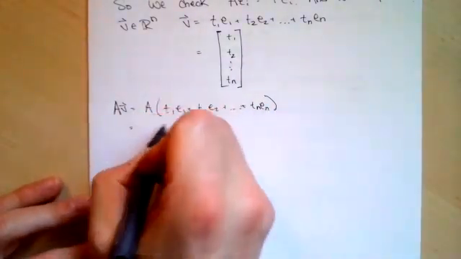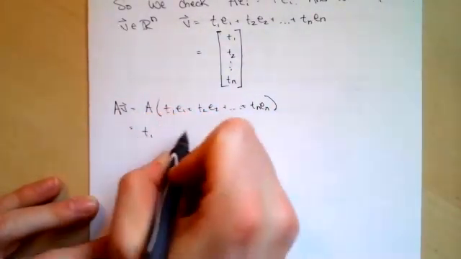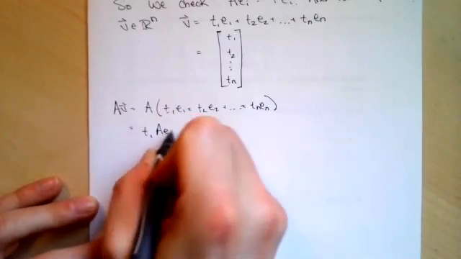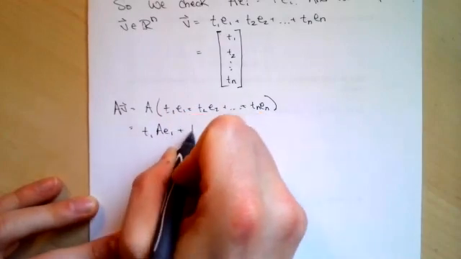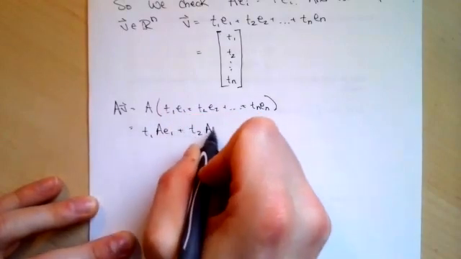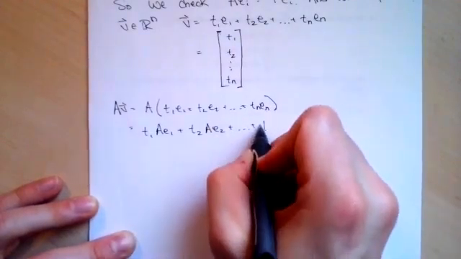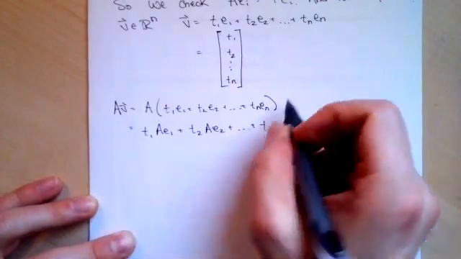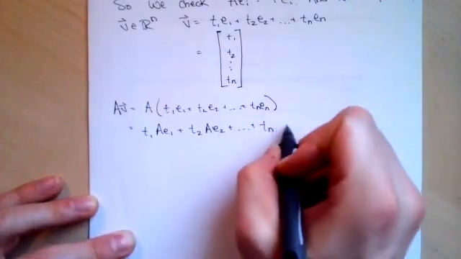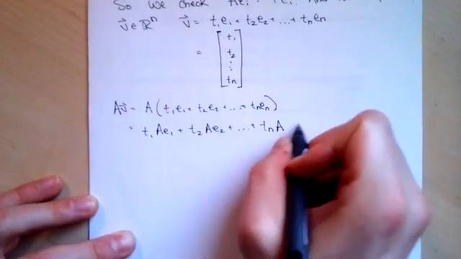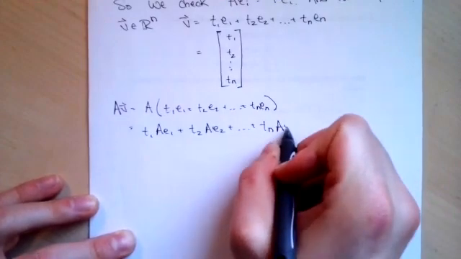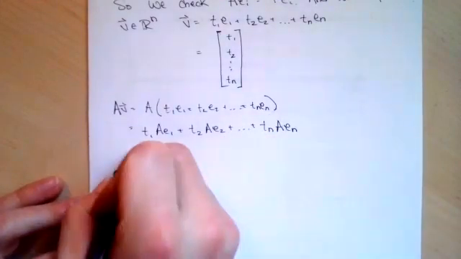which we can distribute. That's going to be this here by our properties of matrix multiplication. So we're distributing the matrix multiplication over the addition, and then we're moving these scalars to the left. And now what do we know?